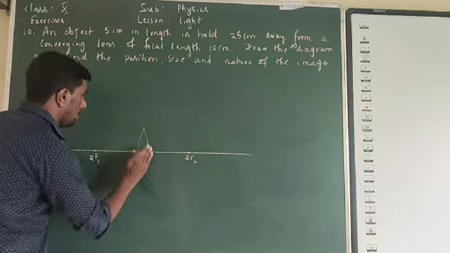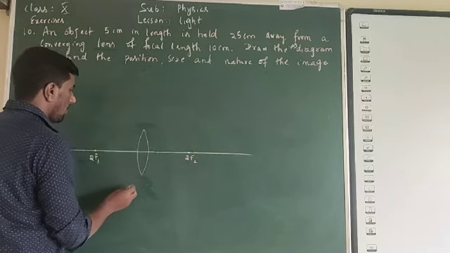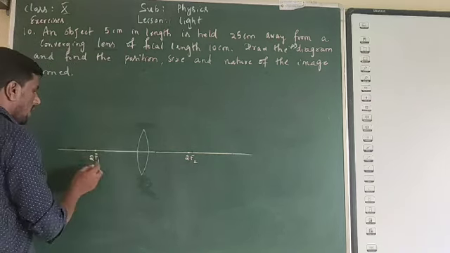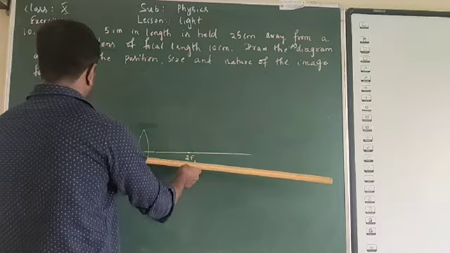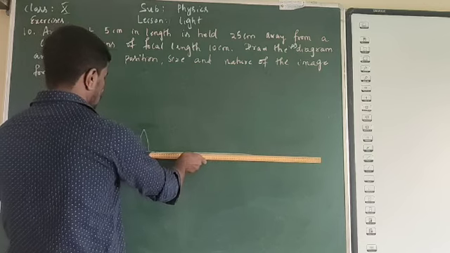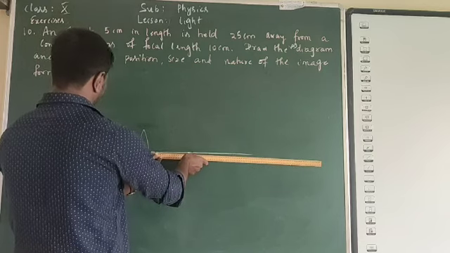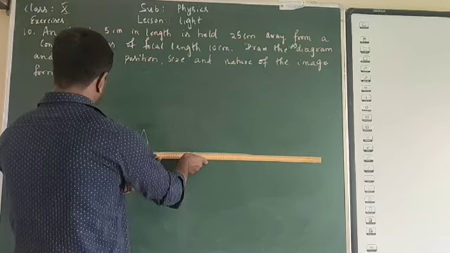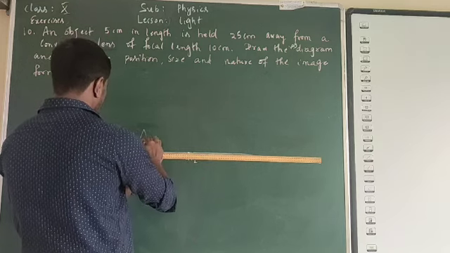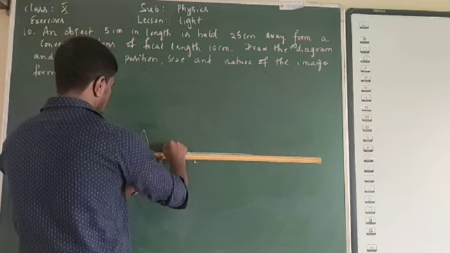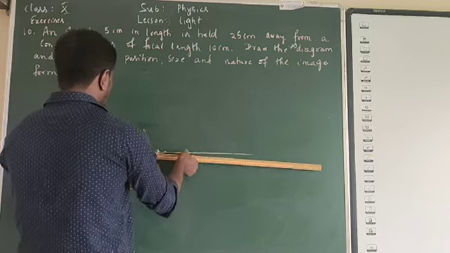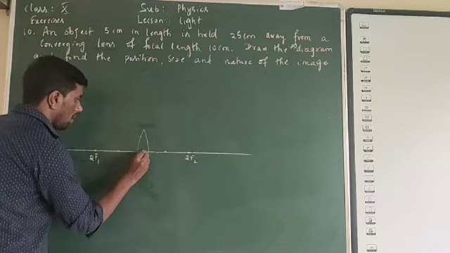This is the converging lens. We'll take half of that, and that will be the optical center. This is exactly 20. Again, this is 10, and this is 30. Now this is the optical center.